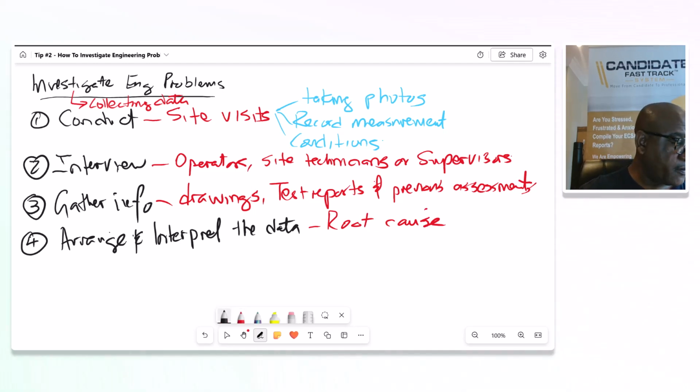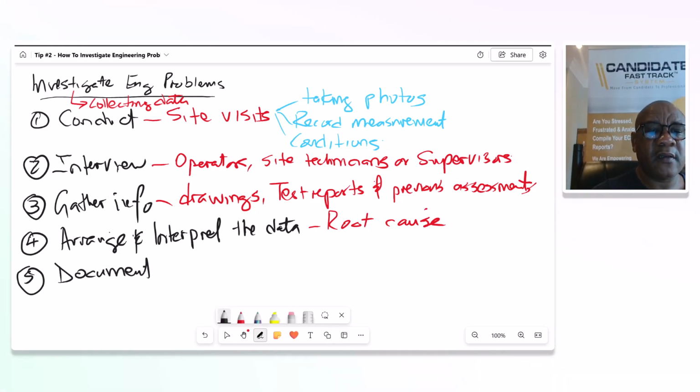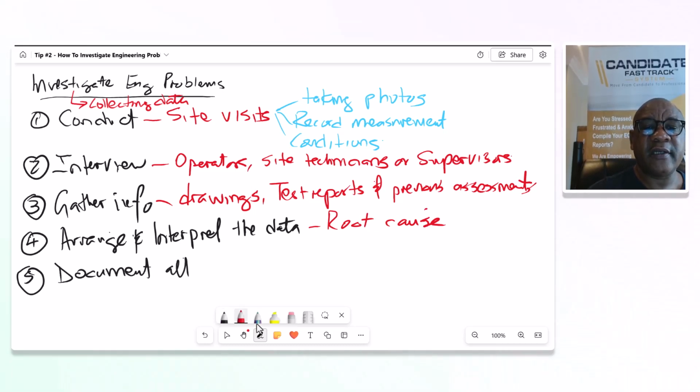The last thing is that you need to document this properly. You need to document all your findings. I'm going to put it in red.